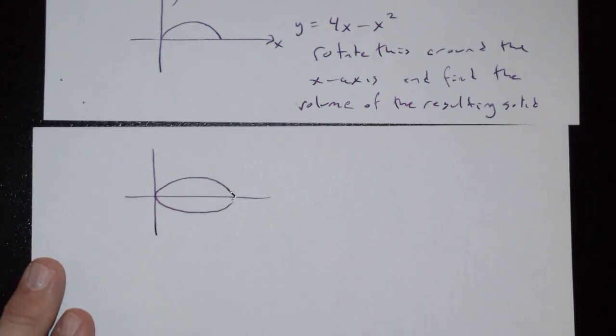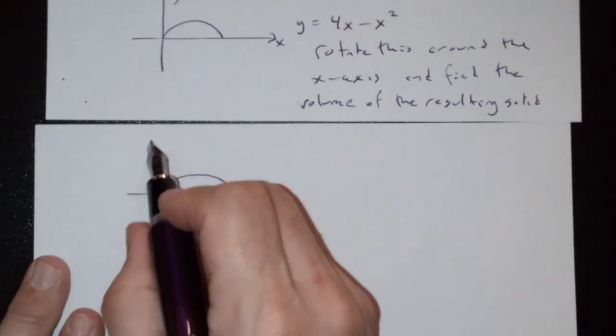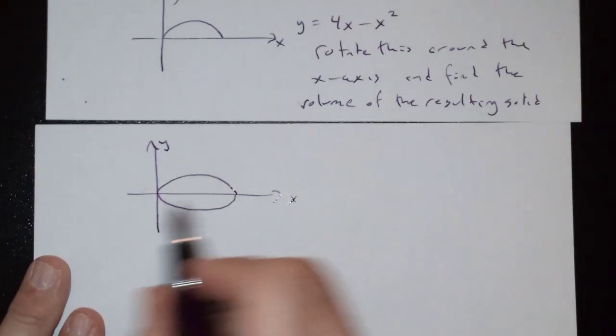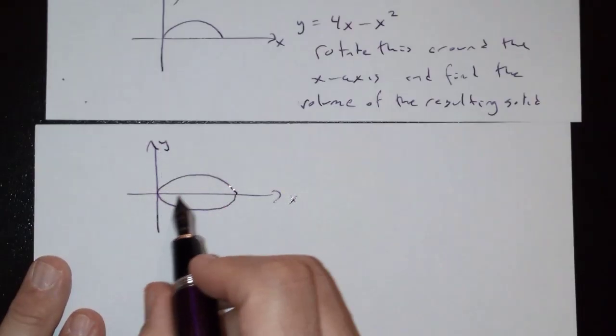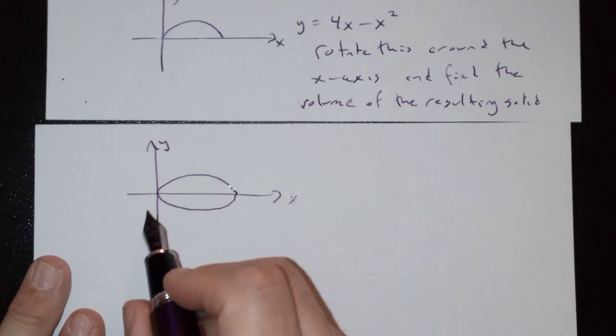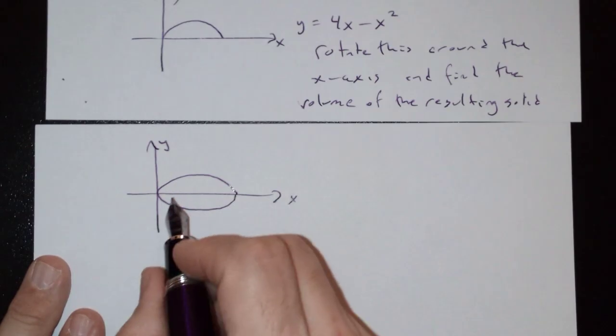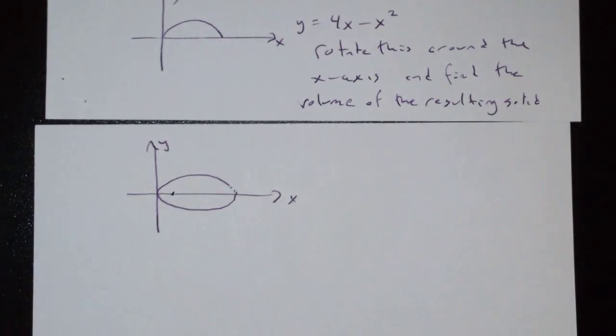Pick an X point. Do you want it to be close to the y-axis or closer to this other end? I don't care. Pick a spot. So closer to the y-axis. Now, let's pick a point on the curve at that value.